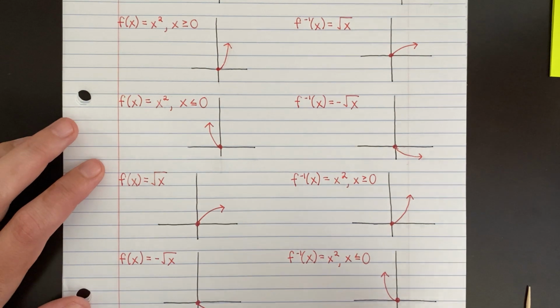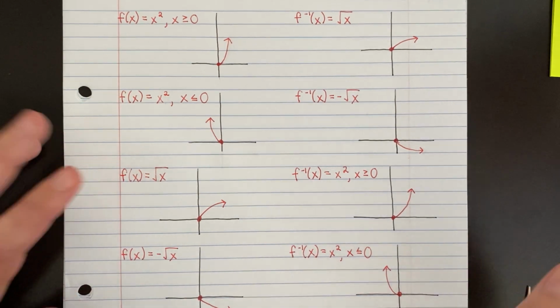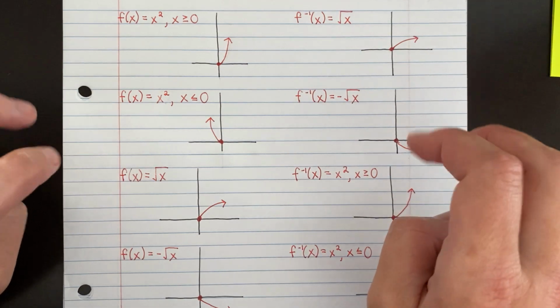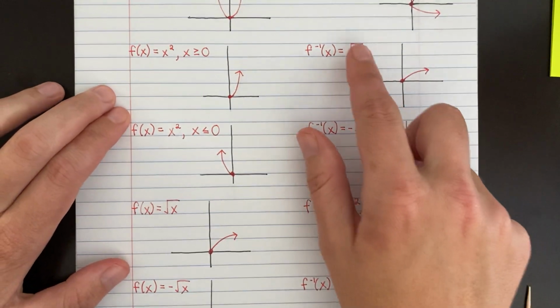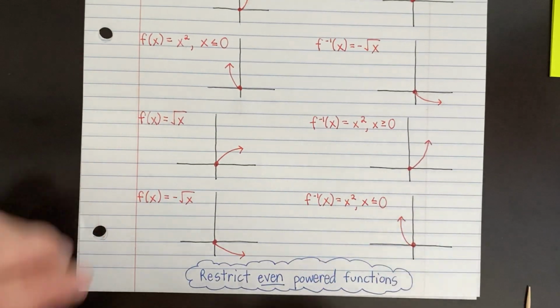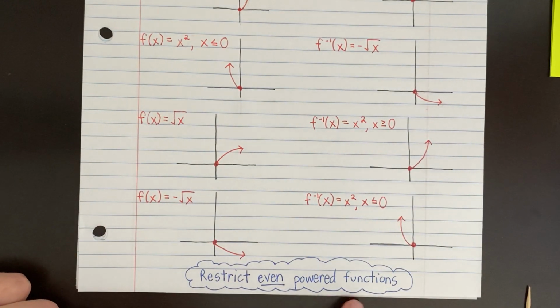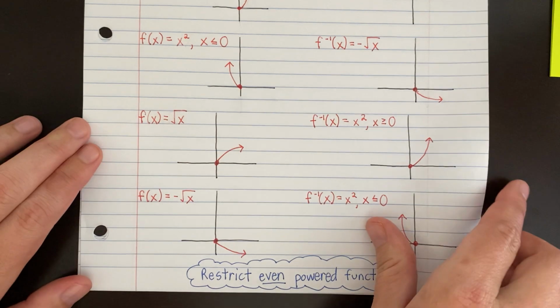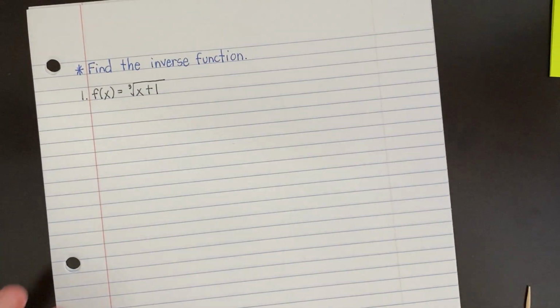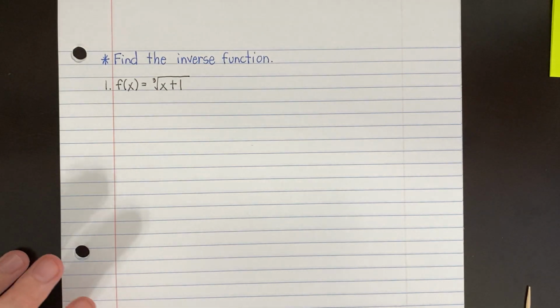Another thing to say is that while we don't quote-unquote restrict the square root graph, it was essentially restricted because we either kept only the positive or the negative version. But we're going to get into that here in just a bit. So essentially restrict only even-powered functions. Okay, so pause me if you need to. We're moving on, okay? So let's get to the problems for today.